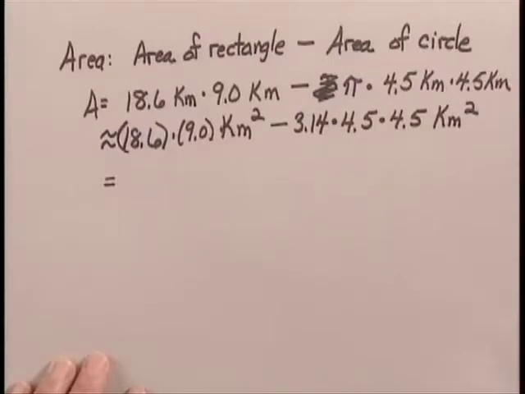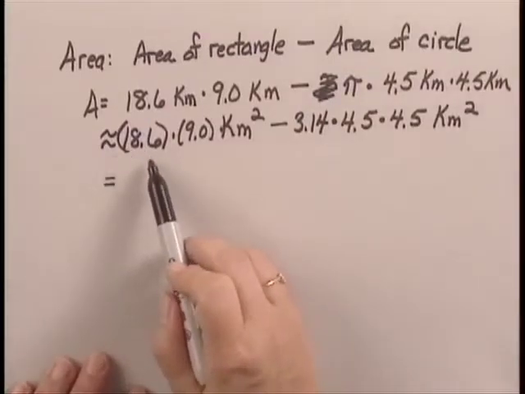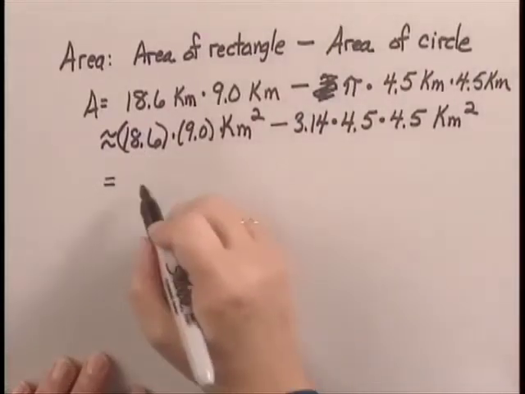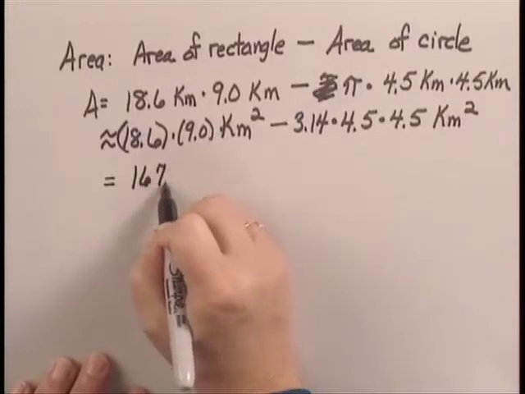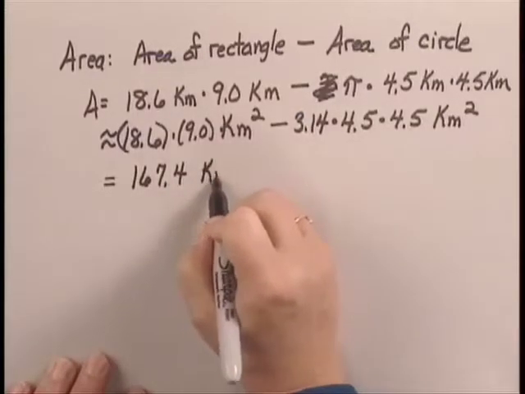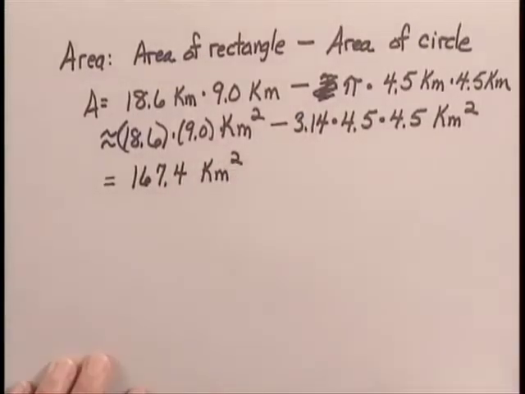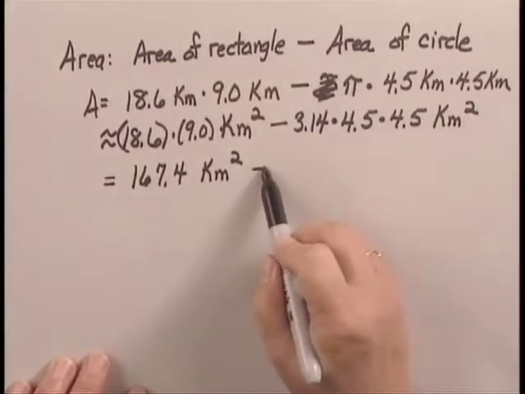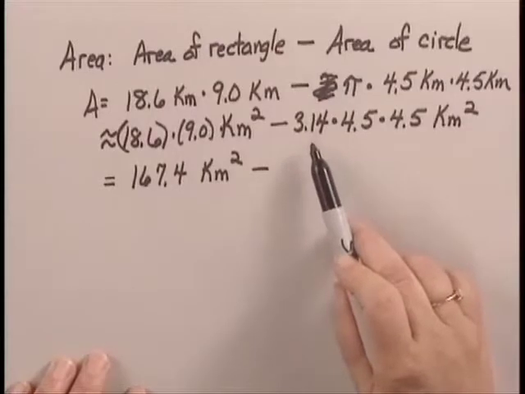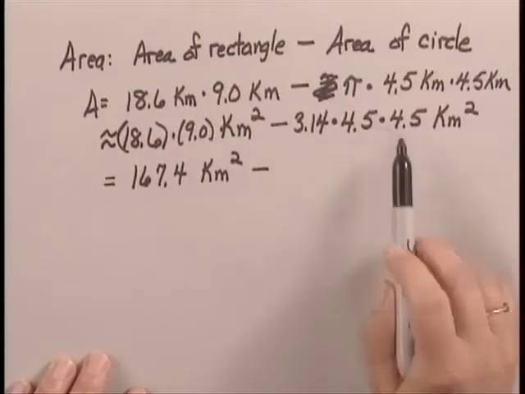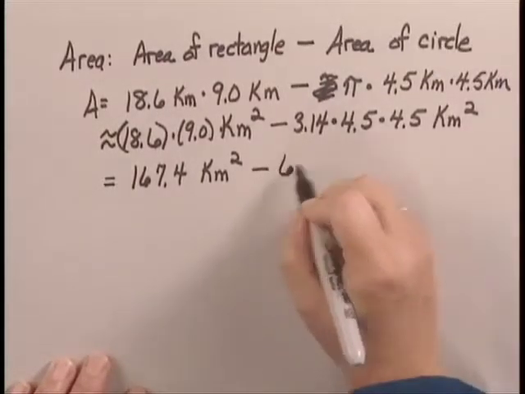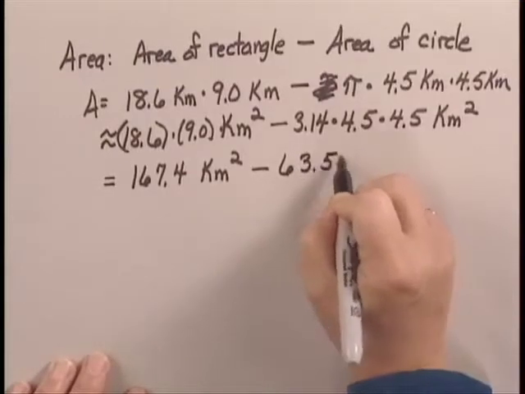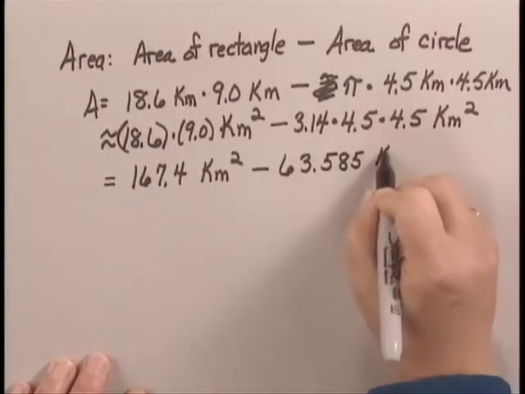Now, when I multiply, I need to multiply 18.6 times 9, and that is 167.4 square kilometers. That's the area of the large rectangle. I want to subtract out of it the area of the circle, so I multiply 3.14 times 4.5 times 4.5, and I get 63.585 square kilometers.